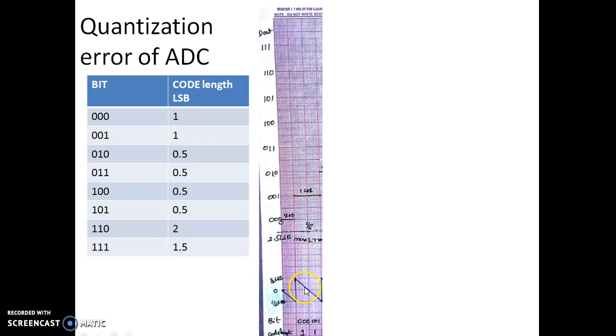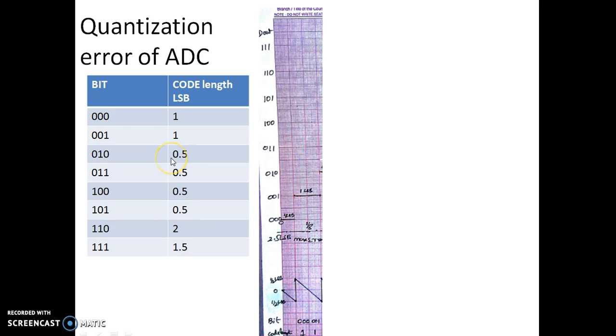The error will be 0 when it is 1/8. So this is actually 1/16. At 1/8 there is no error. And again we are underestimating the input voltage at 3/16. I can see here the code length is 1 LSB for 001.